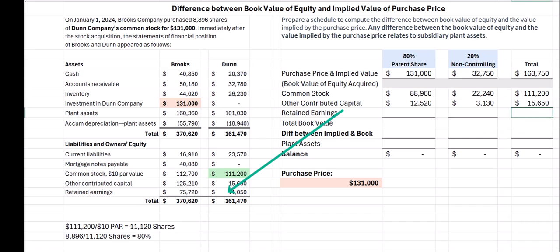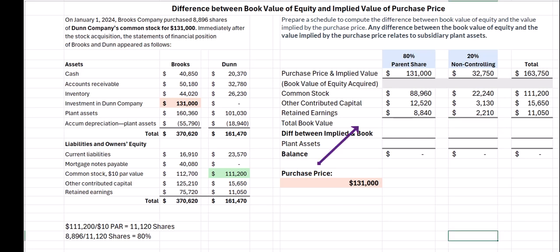I'm going to do the same thing with retained earnings. Under Dunn I have 11,050 in retained earnings. I'm going to allocate 80% to the parent share and 20% to the non-controlling.